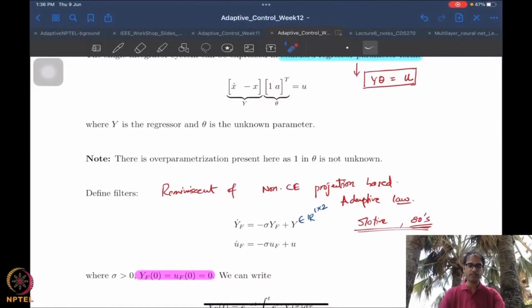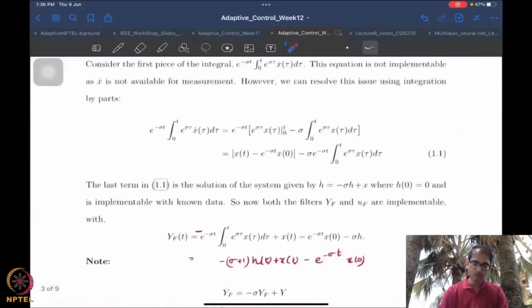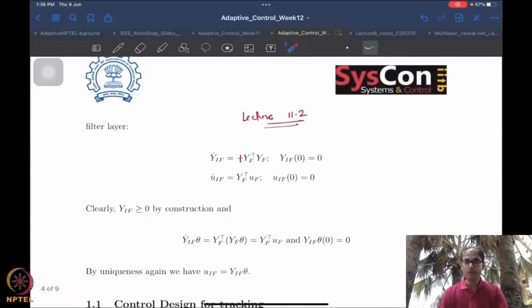In this case, one additional parameter, so it became 1 by 2. Therefore, YF is also 1 by 2, and if YF is 1 by 2, then YIF became a 2 by 2 matrix. So you added a significant number of states to your system. So you already did ask for something more.